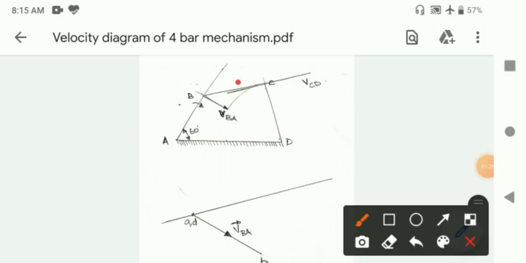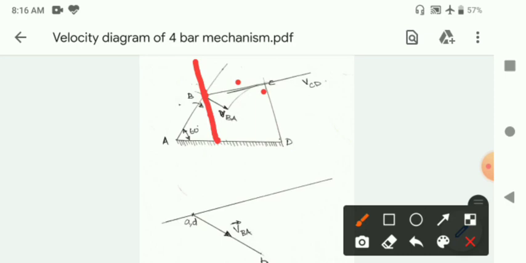So what you do is, from either B or C, you draw a line perpendicular to link BC. Here I'm going to draw the line from point B. You draw a line perpendicular to BC.